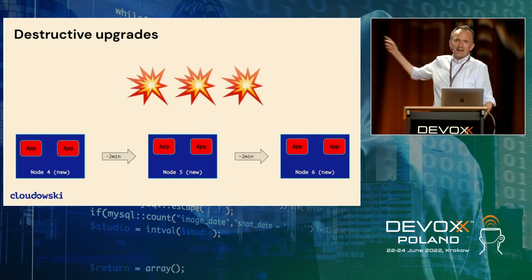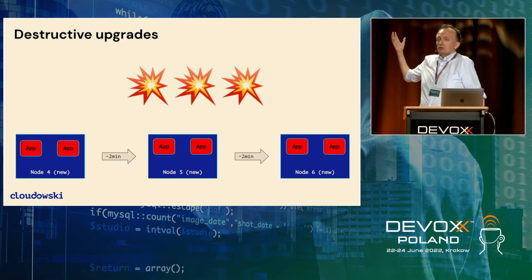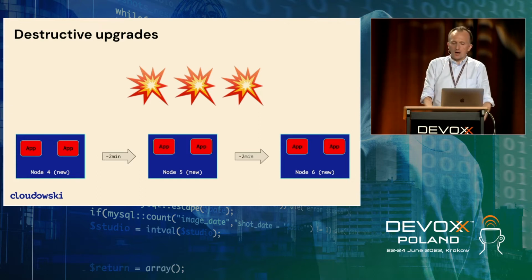All these apps on new nodes are just starting, are in the middle of initialization. So they are fighting for CPU resources, and this is our outage, because we have no apps available.